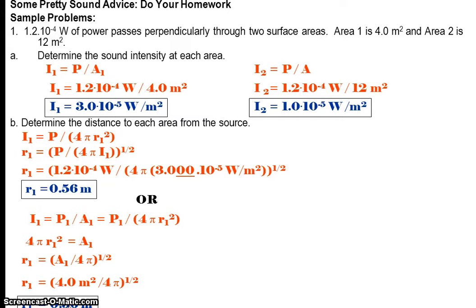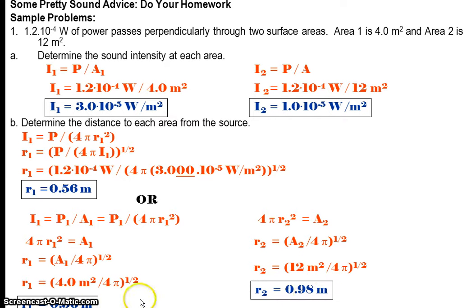I'd probably solve it this second way, because it gives you an area and you solve for the radius. For the second one, we can see that it's further away because it's less intense, so that should make sense. So that's sample problem number 1.